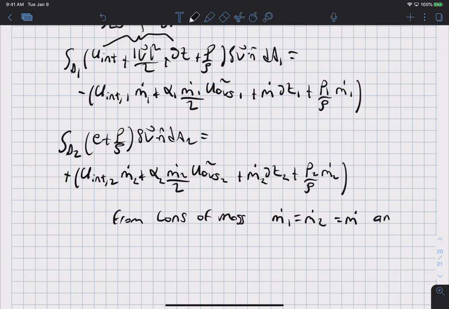And if rho is equal to constant, the volumetric flow rate going in is equal to the volumetric flow rate going out is equal to just the volumetric flow rate, and rho 1 equals rho 2 equals rho, and I've been using that one all along. Okay.